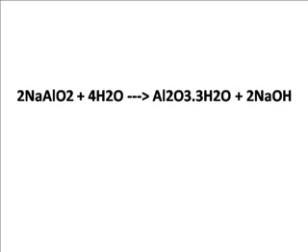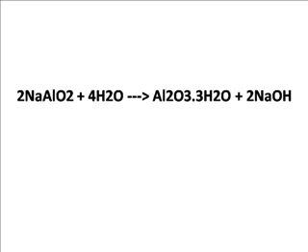Crystalline alumina trihydrate is extracted from the digestion liquid by hydrolysis. And here's the equation. This is basically the reverse of the extraction process that we just showed, except that in this stage, the product's nature can be controlled by the plant where the alumina is being made, and it's the conditions at that plant.